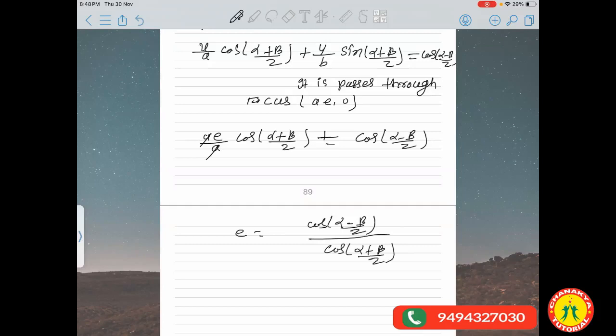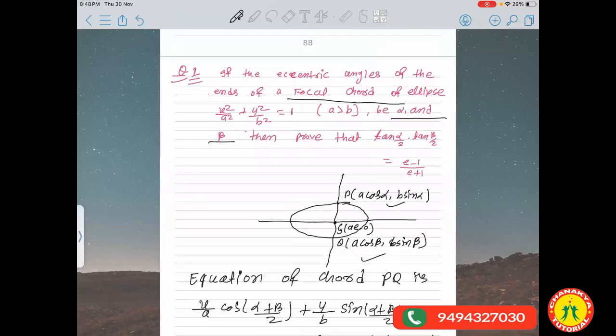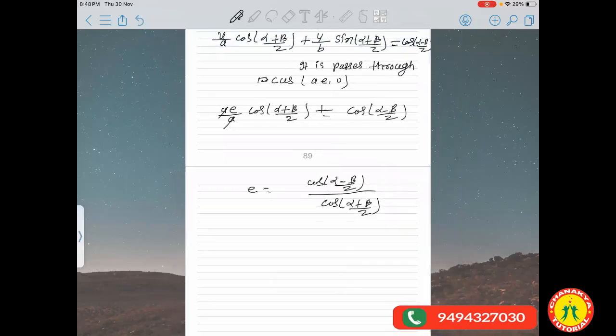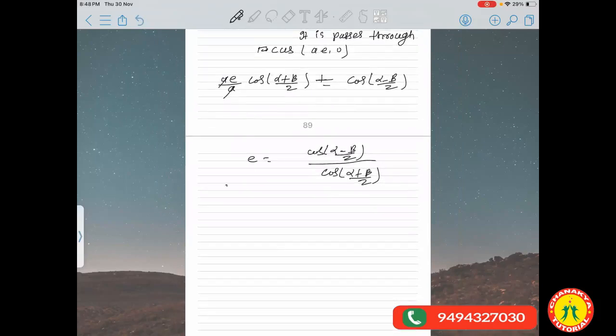Now how to get this equation? Have you studied componendo and dividendo in basic mathematics? If C by D is the ratio, then you can write C plus D upon C minus D. This is componendo and dividendo. So apply it here: e by 1, so C by D, we can write C plus D upon C minus D on both sides.